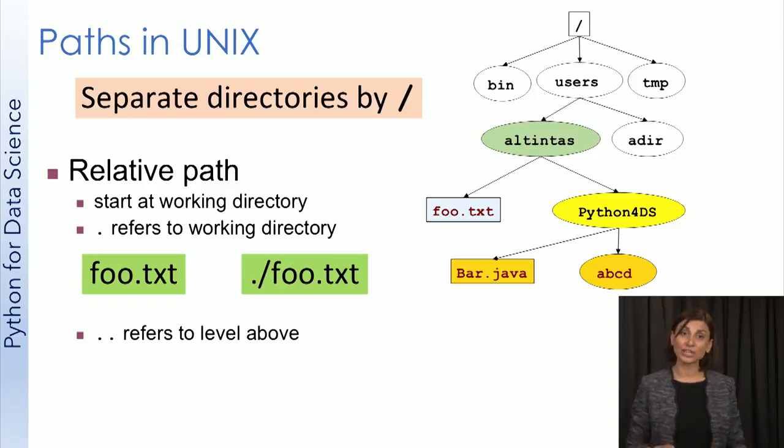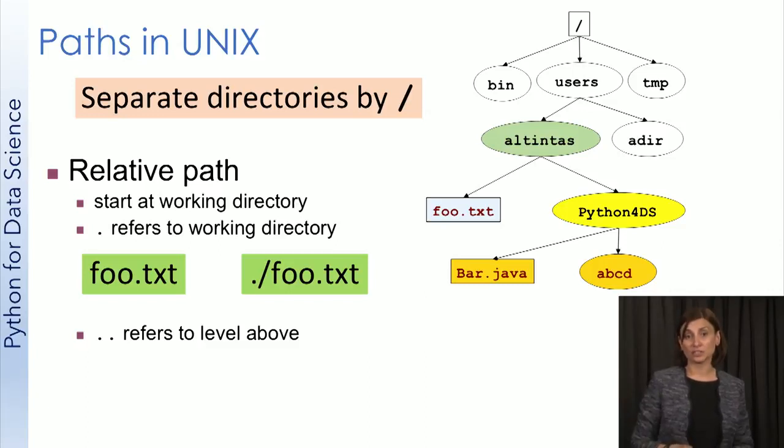I can choose to change my working directory to altintas and use the relative path that we have used before, or I can use the absolute path for foo.txt. However, there's a simpler way to access foo.txt in this situation that Unix offers. We will take advantage of the dot dot directory, which refers to our parent directory.